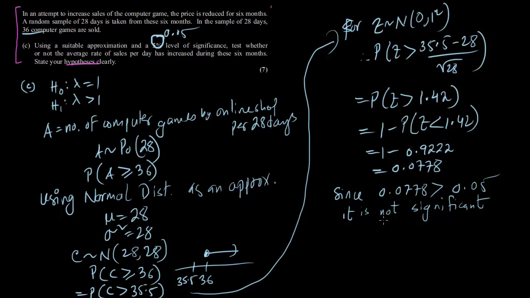That means we accept H naught. One way of writing accept H naught is fail to reject. It's a good idea to use the word reject. Either you reject H naught or fail to reject H naught. So instead of writing accept H naught, I'm writing fail to reject H naught.